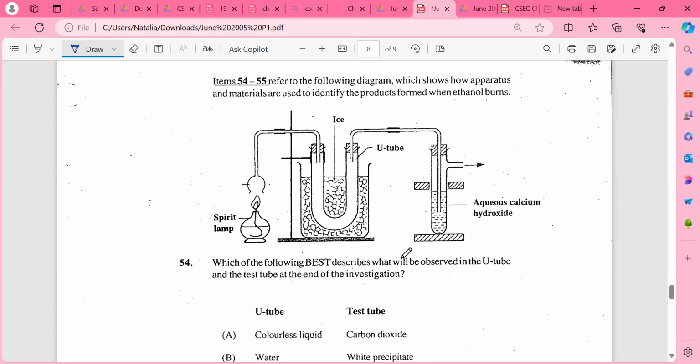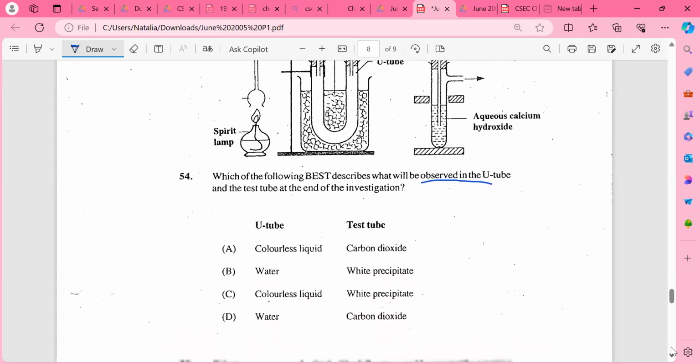So it says, which of the following best describe what will be observed. So in the tube here, we are going to see a colorless liquid, water. And in here, when the carbon dioxide enters the calcium hydroxide, we're going to see a white precipitate. So it's going to be C.